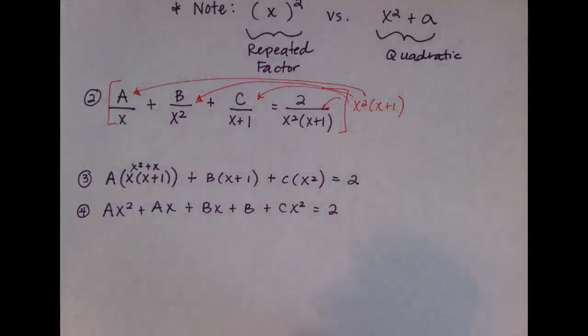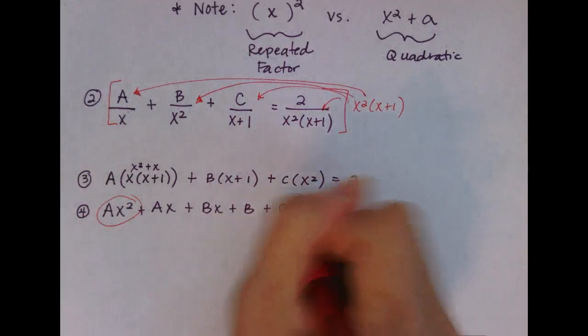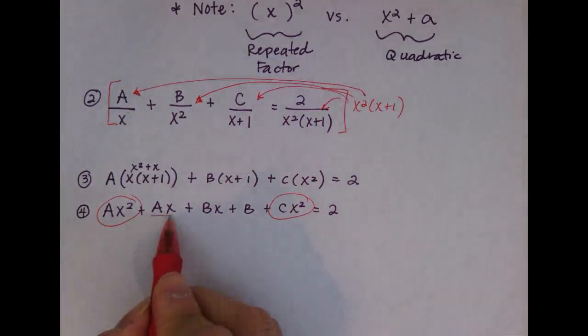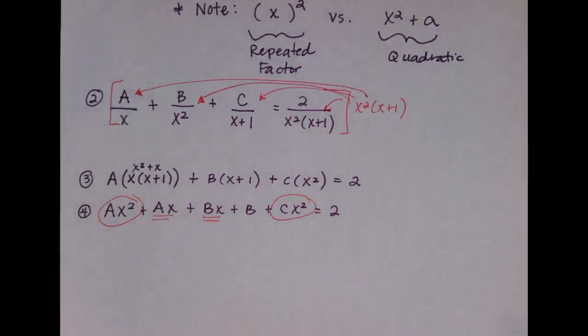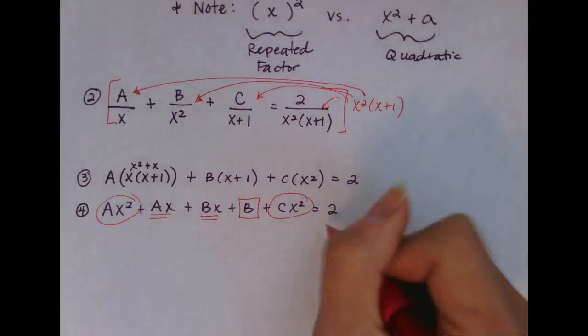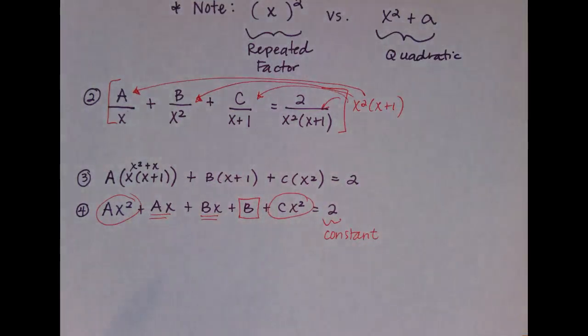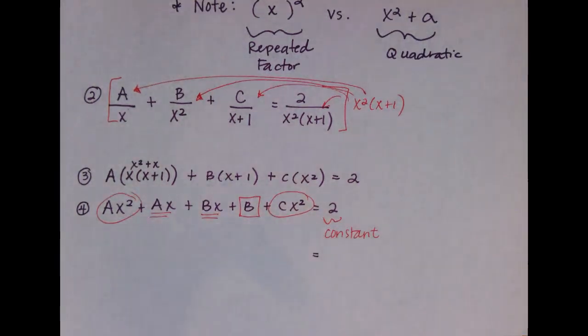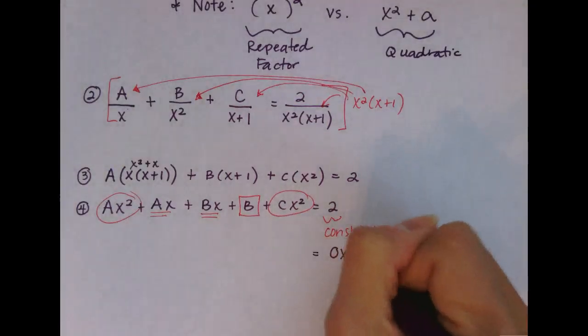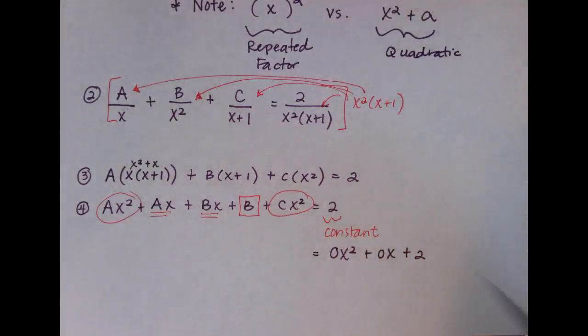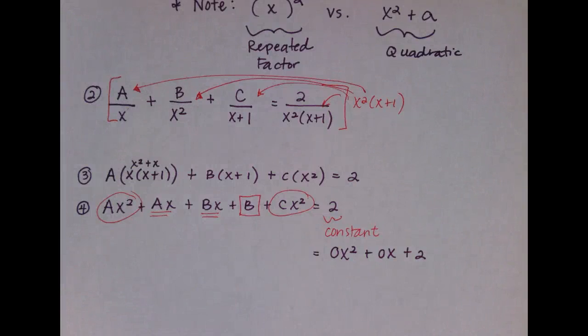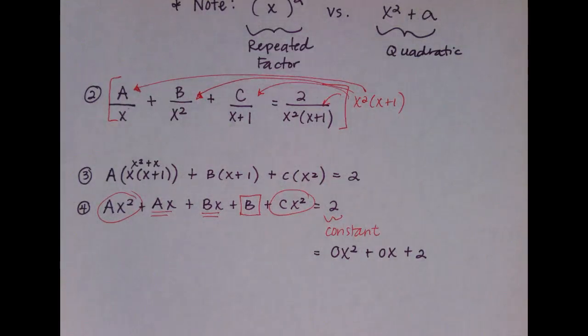So notice that I have two quadratic terms, and I have two linear terms, and then I have one constant term. But over here, the only thing that I have is a constant. So if the quadratic term went away and the linear term went away, then that means that their coefficients must have been 0. So I can think of this as 0x squared plus 0x plus 2.